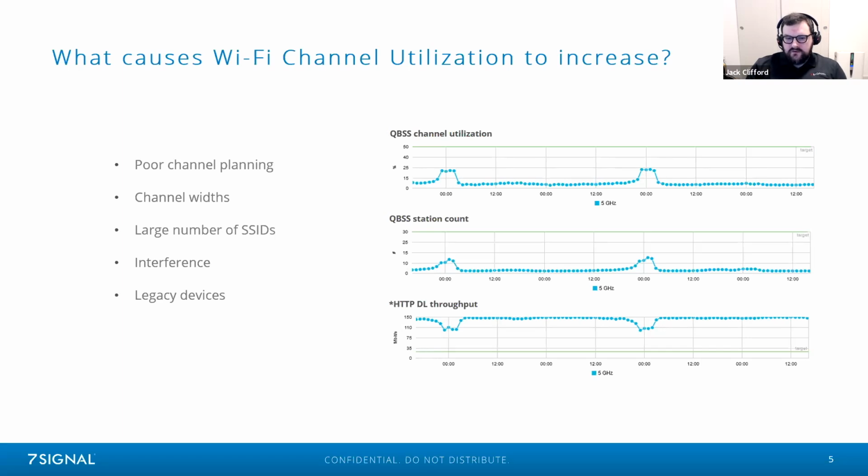Those older devices that run at slow data rates, your 802.11b devices, for example, if they're running at say 1 meg per second, you're going to have to wait for that client to finish its data send before the next client can have access to the medium.